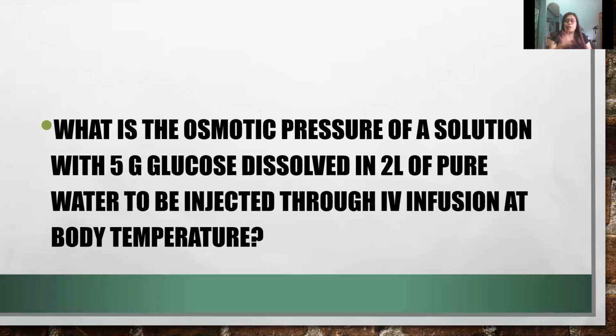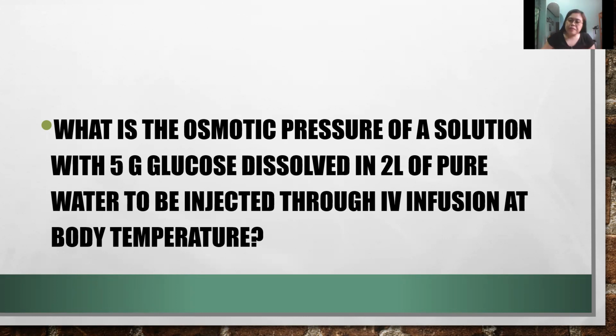So this time, we are looking for the osmotic pressure ng ating solution containing 5 grams of glucose. Dissolved siya in 2 liters of pure water. This is to be injected IV also, intravenous infusion at body temperature. Our body temperature class is most likely 37 degrees Celsius.